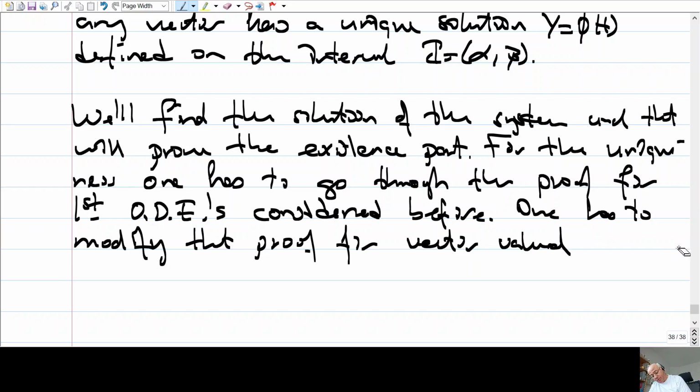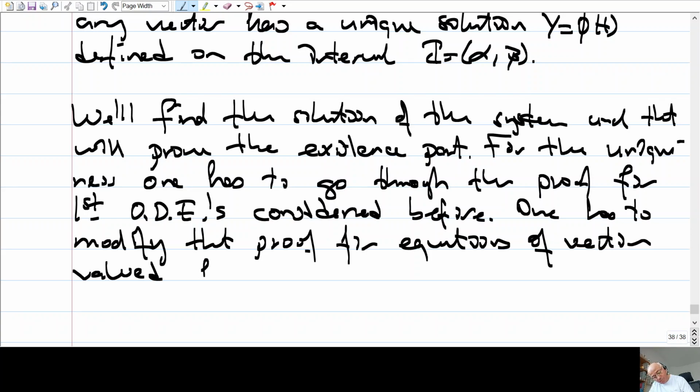Or maybe for equations of vector valued functions. Okay, this way is better.